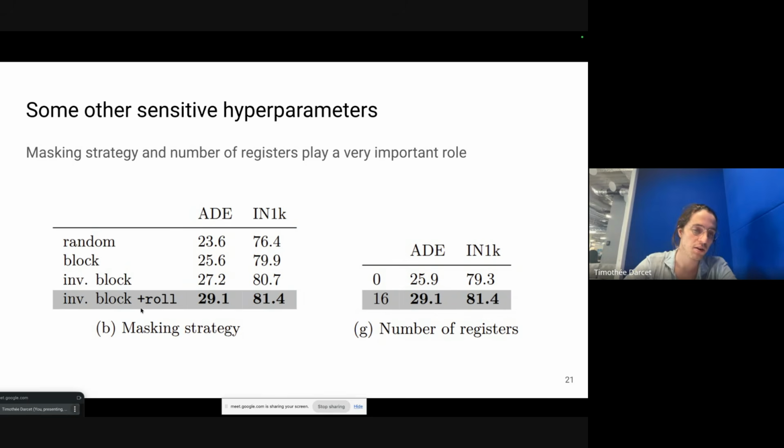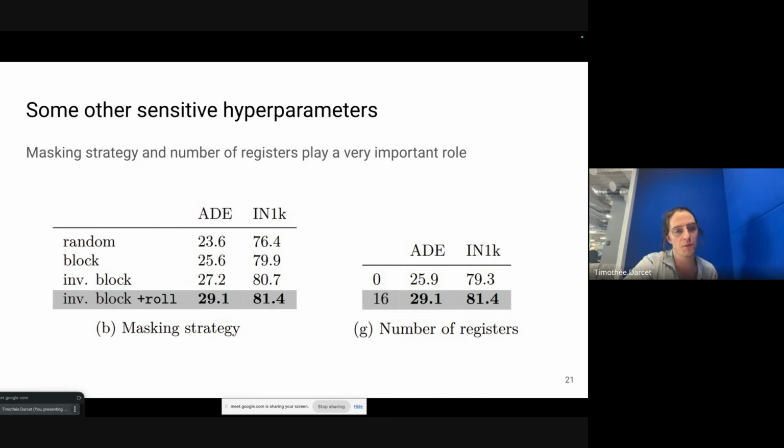What we mean by roll is when you compute the mask, after computing the mask, you do a random circular permutation. How do I describe this? You shift it towards the right a random number of steps. You shift it down a random number of steps. And whatever goes out of the image, you wrap it around to the left and upper side of the image. So you just shift your mask randomly.